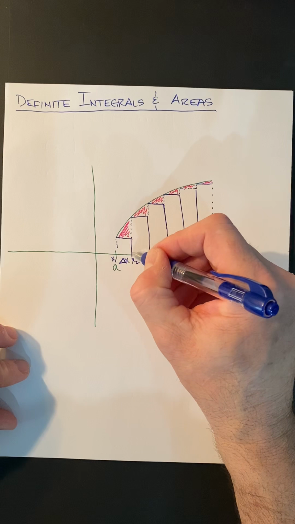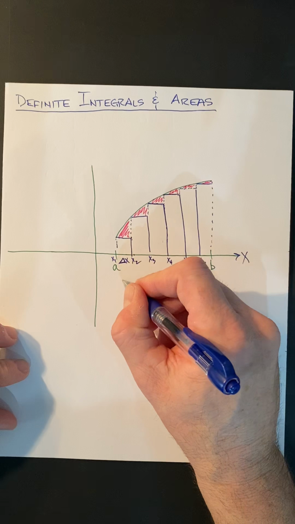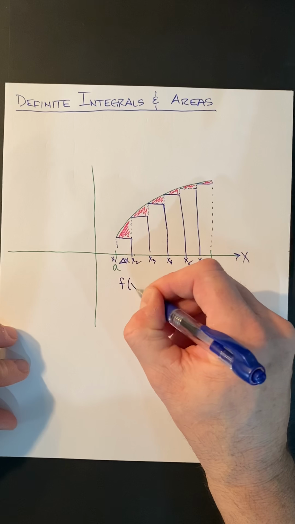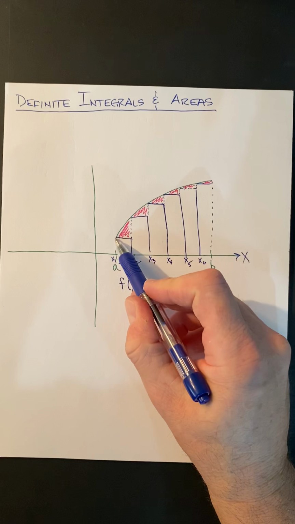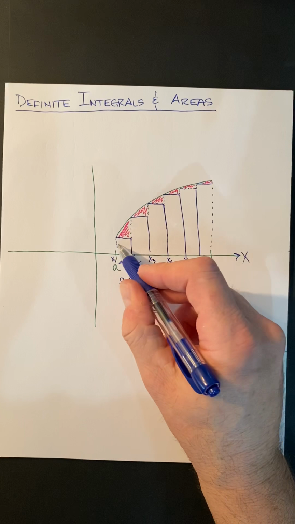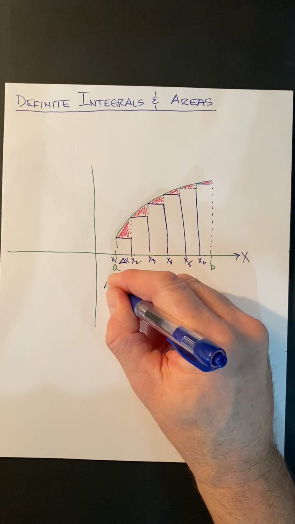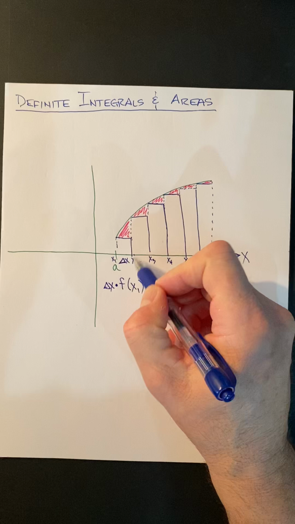The height of this side of the rectangle would simply be this x value plugged into my function, right? Because this would give me the y value if I plug in that x. So the area of this rectangle would simply be the change in x times the height.